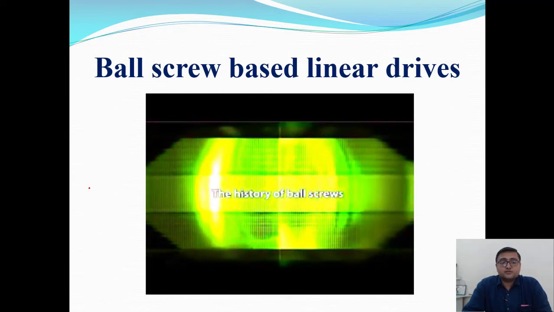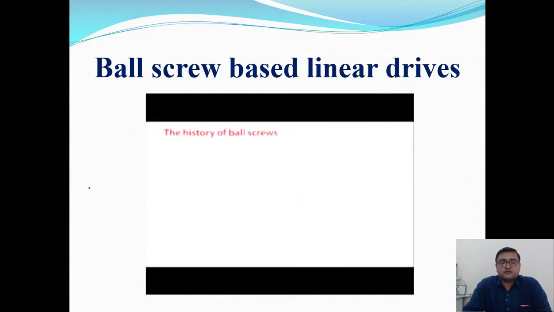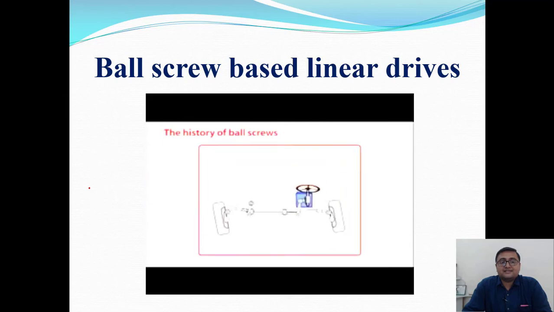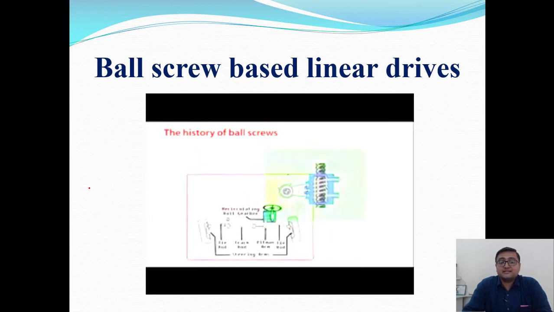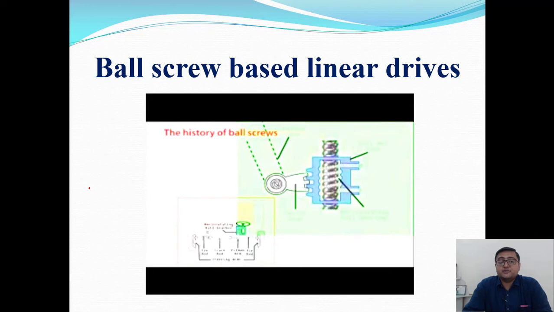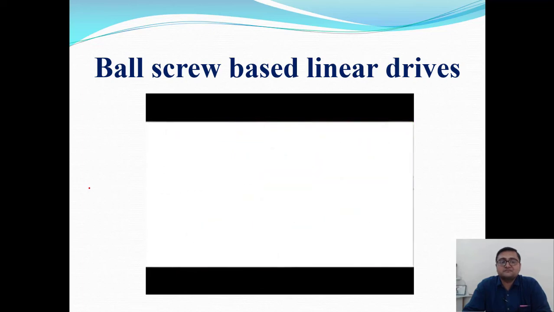The history of the ball screw tells the mechanism, whether it is the Ackerman or Davis mechanism in the automobile, which requires adjustment of the steering wheel, and that adjustment is carried out by using the ball screw mechanism.